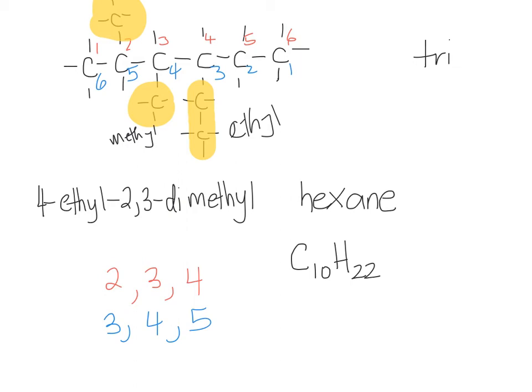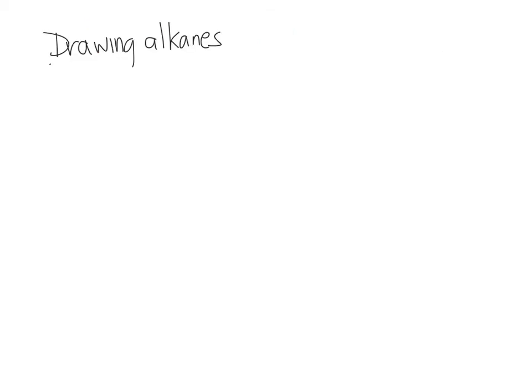H22. Drawing alkanes. You can do structural diagrams or line diagrams, or sorry, they're called line structural diagrams. So line structures are basically represent the bonds in the compound, not the atoms.